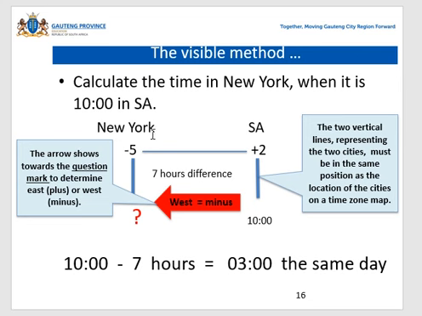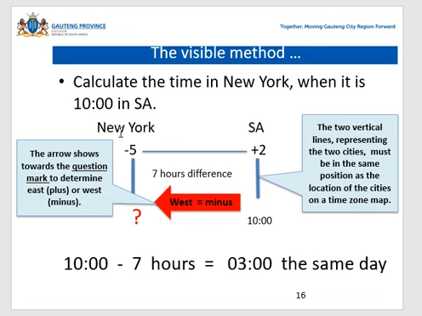Now I say, okay, I have New York, I have South Africa. Now I complete this information. New York is on -5 and South Africa is on +2. Now I continue and say that the time is 10 o'clock in South Africa, so I write down the 10 o'clock underneath the South Africa line.